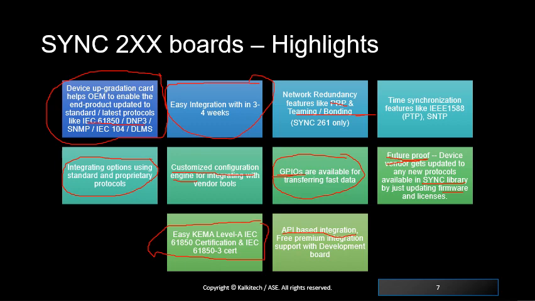So rather than just a protocol upgrade card, Sync 261 can be used as a complete processor, and there can be additional interfaces. In that scenario, the API will be suitable for exchanging data with the interfaces and in other scenarios.